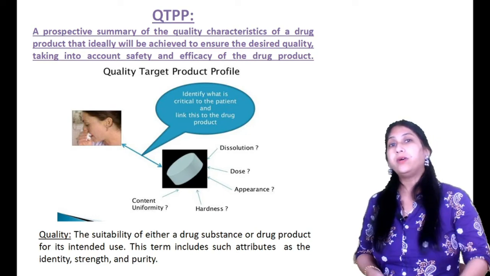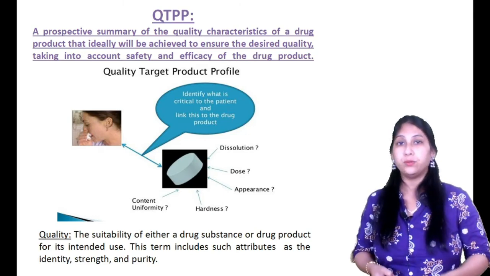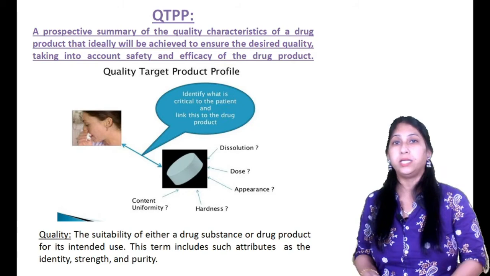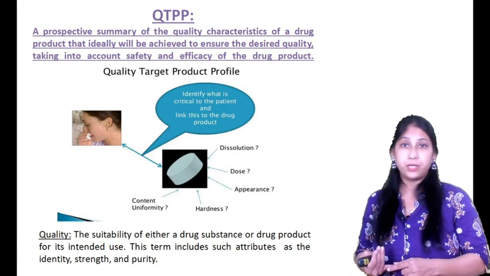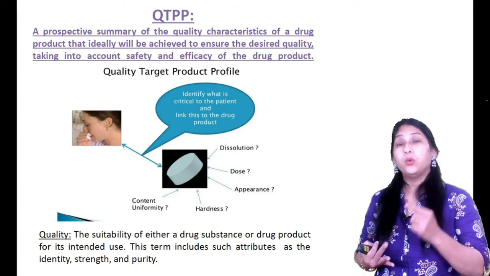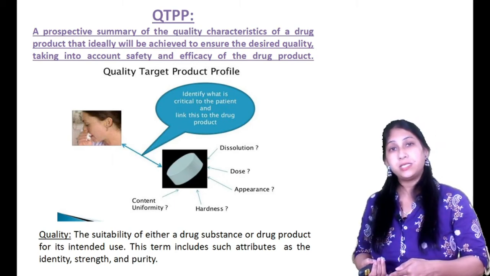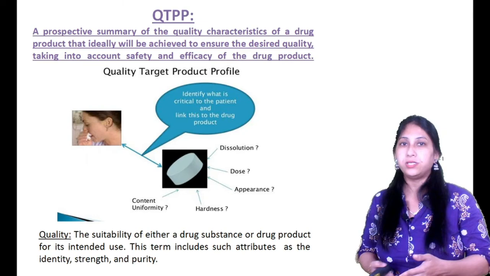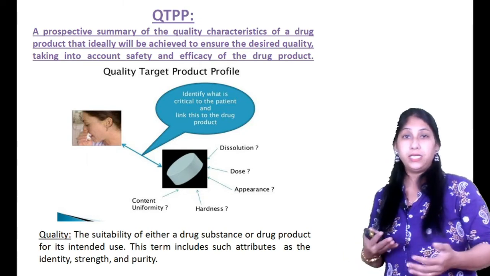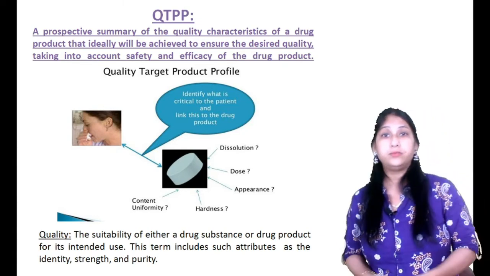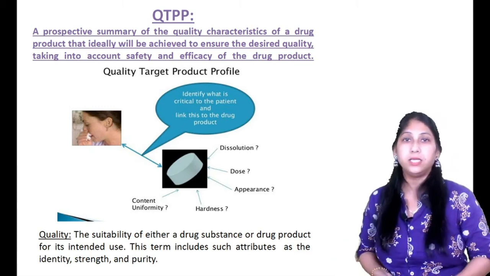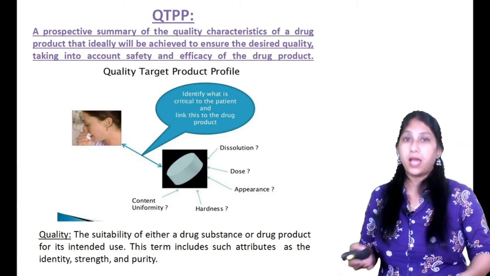If I take an example of a tablet dosage form, we know the quality characteristics like organoleptic properties, weight variation, content uniformity, disintegration test, friability, dissolution test. These are the quality attributes of the product, or we can say these are the quality target product attributes.